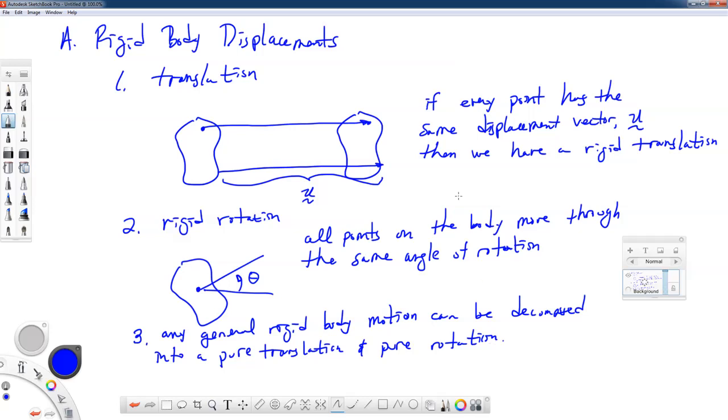Well, in our class, we're going to be much more interested in what happens when things deform. So let's set up a better framework for that situation, and we'll talk about deformations in more general terms. Rigid body displacements will be important for us, but not as important as bodies that can deform and squish as they move around.